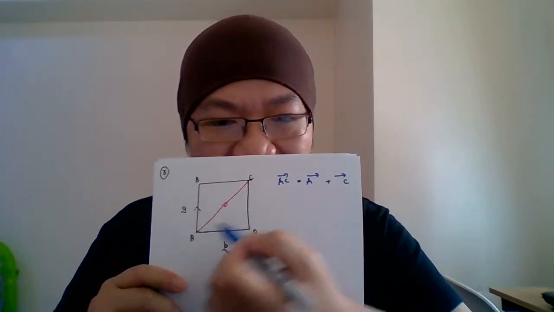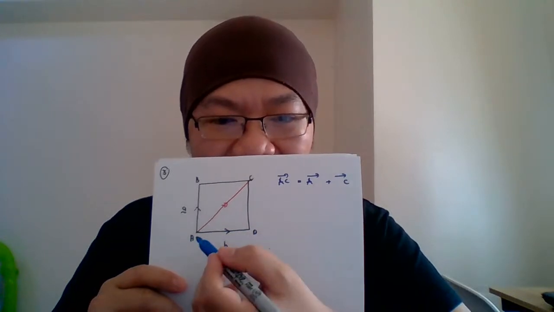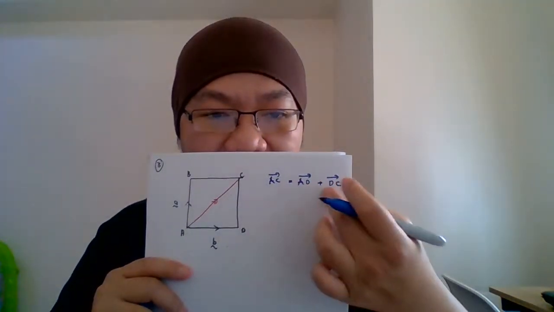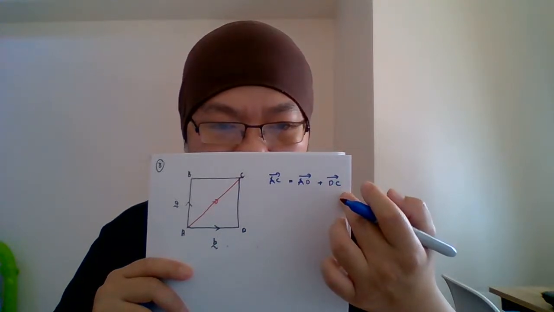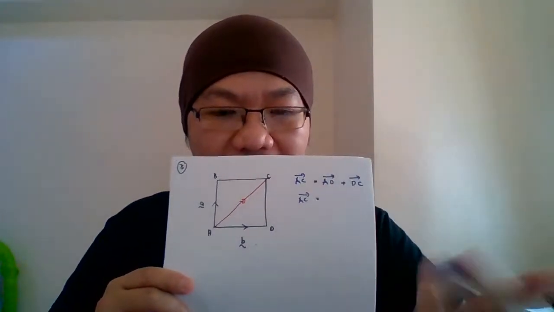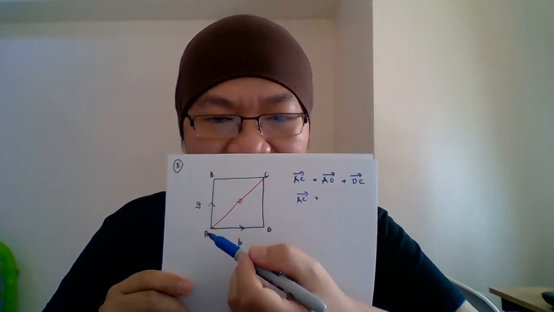Same direction, the huruf are similar, right? A going to D, D going to C. So we can just write AD plus DC. Okay, it can be right. AC also can be right if I use a different direction. Let's say my direction is AB.